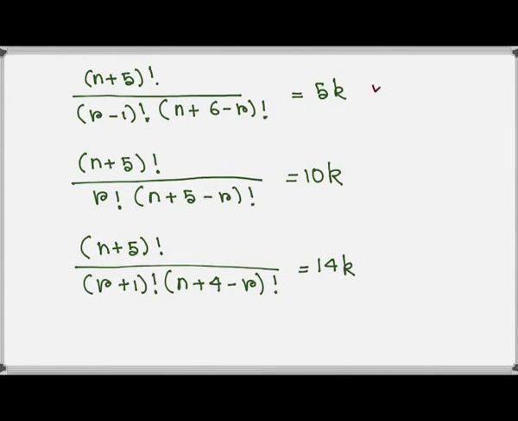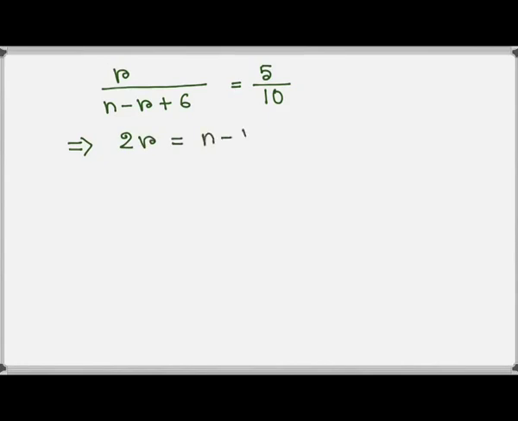Now let us divide this equation by this equation. We get r divided by (n minus r plus 6) is equal to 5 divided by 10. So therefore we get 2r is equal to n minus r plus 6. That means we get 3r minus n is equal to 6. So let us have this equation.